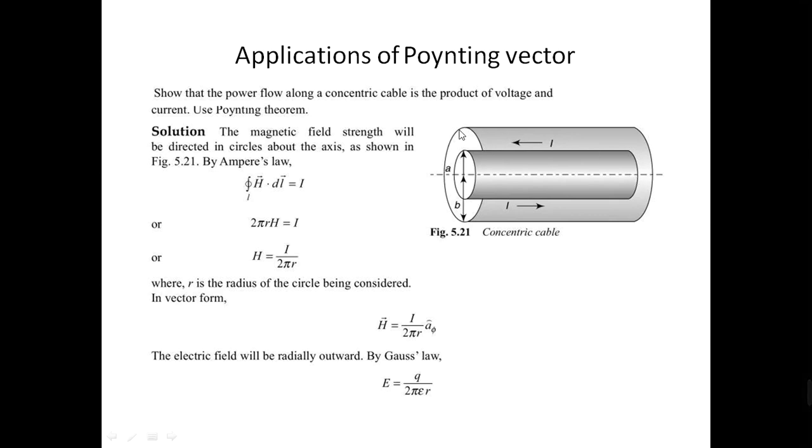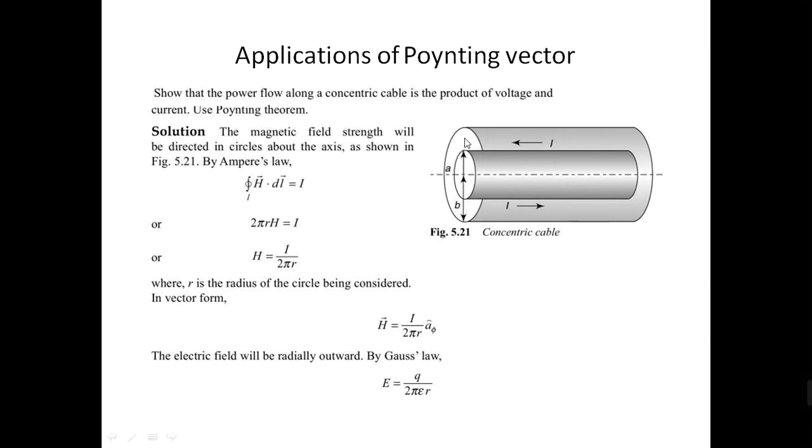Now between the two conductors a magnetic field will be produced. That means the magnetic field will form circles enclosing the current carrying inner conductor, in the form of circles about the axis.